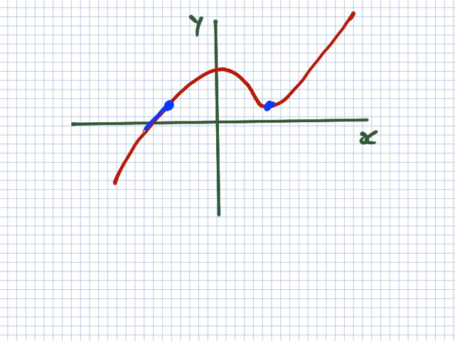So you could use this and this. That's one answer, right? Another answer, you could go from here to here, and here down to here, and here to here. This is another answer.